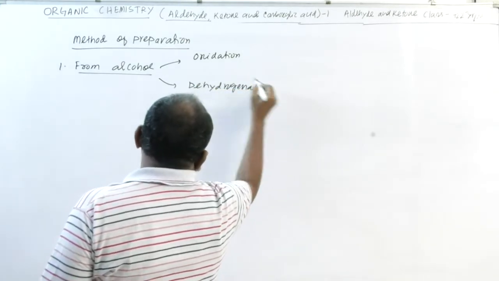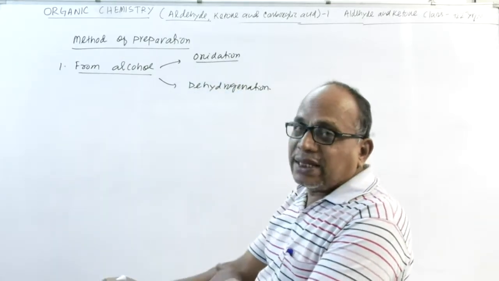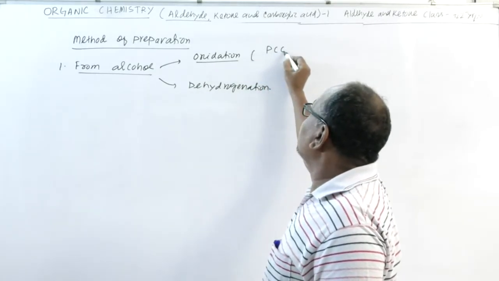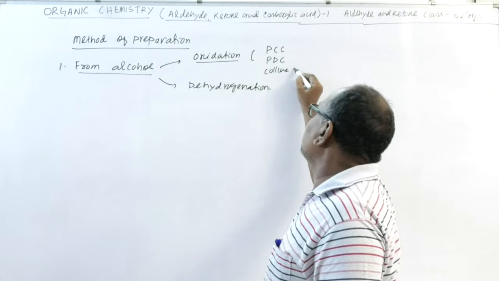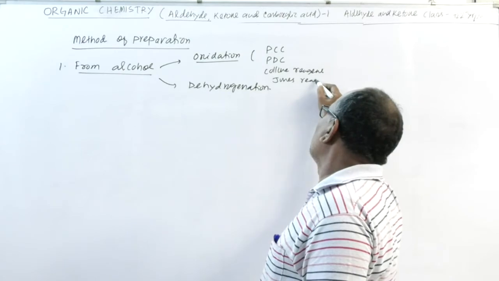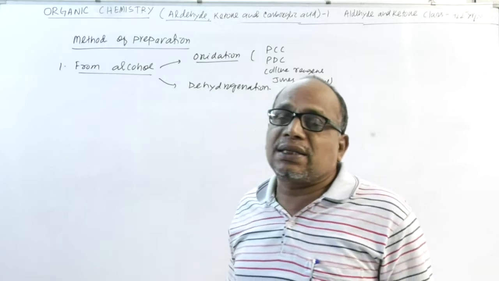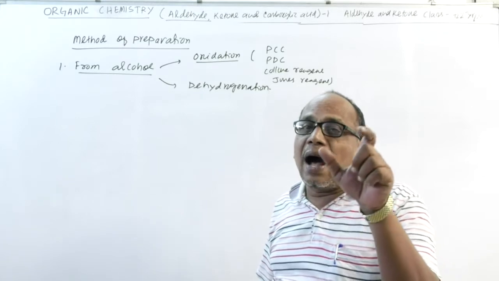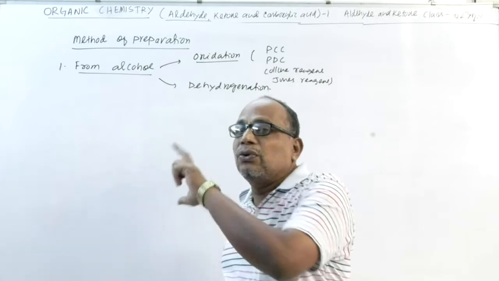Oxidation method uses some oxidizing agent, and the oxidizing agent is your PCC or PDC or Collins reagent or what? Jones reagent. If you use any other reagent other than this, the alcohol is first oxidized to an aldehyde, and the aldehyde is further oxidized to what?